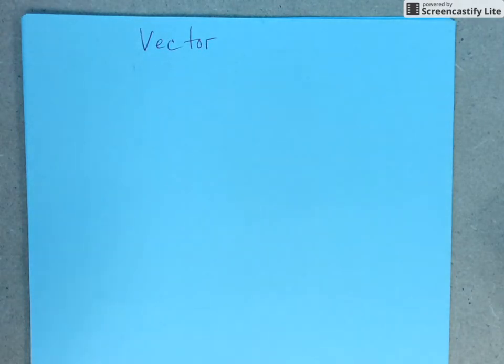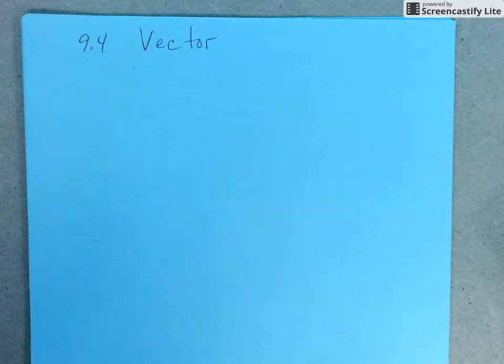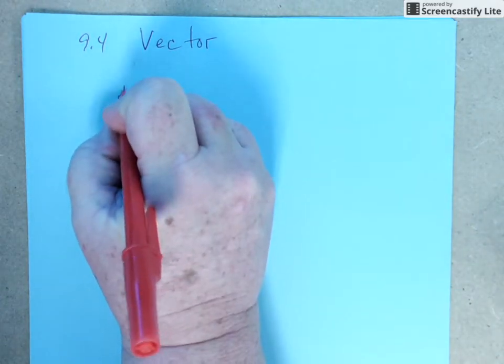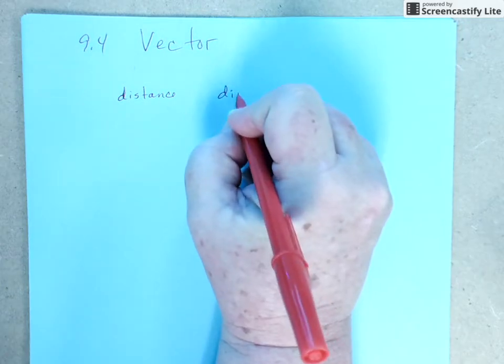Okay, so first of all, today's section is 9.4 vectors, okay? In order to be able to solve with vectors, you have to know what a vector is, okay? So first of all, when you're working with vectors, know that vectors have distance and direction.